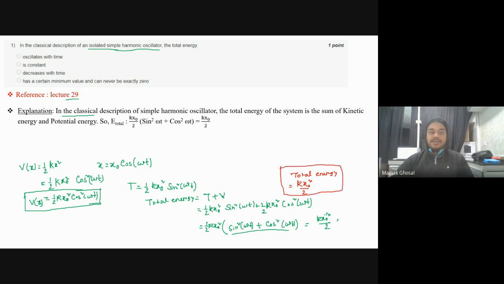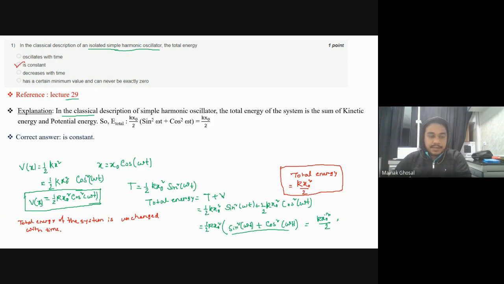That means with time the total energy is not changing. So I can write the conclusion that the total energy of the system is unchanged with time. So what should be the answer? The answer is that the total energy will be constant.